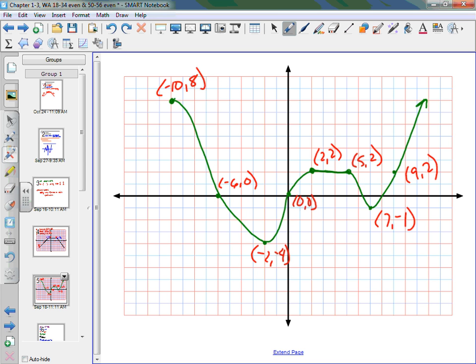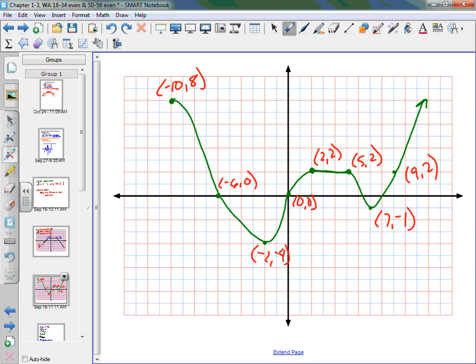Now, why did I put all those points on there? Two reasons. One, so that you could draw it easier. Something that looks like that. And two, in order for me to do increasing, decreasing, constant, I have to have what type of values first?